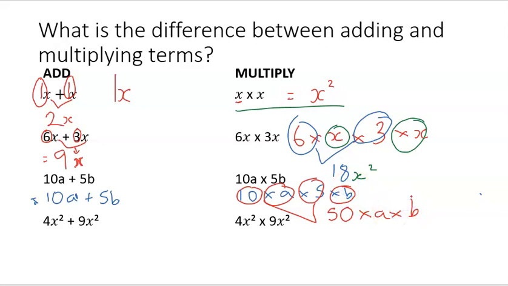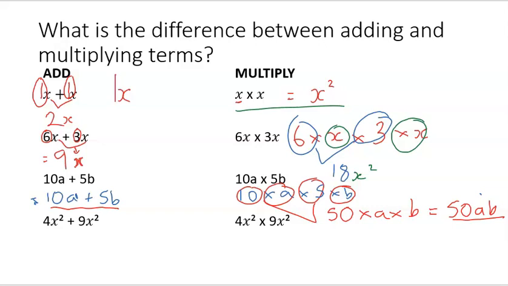And then the only thing left to do is to remove those multiplication signs to give you 50ab. So when you're adding or subtracting unlike terms, you cannot add them together, but they can be multiplied together. That's another big difference between adding and multiplying terms that a lot of students get confused with.